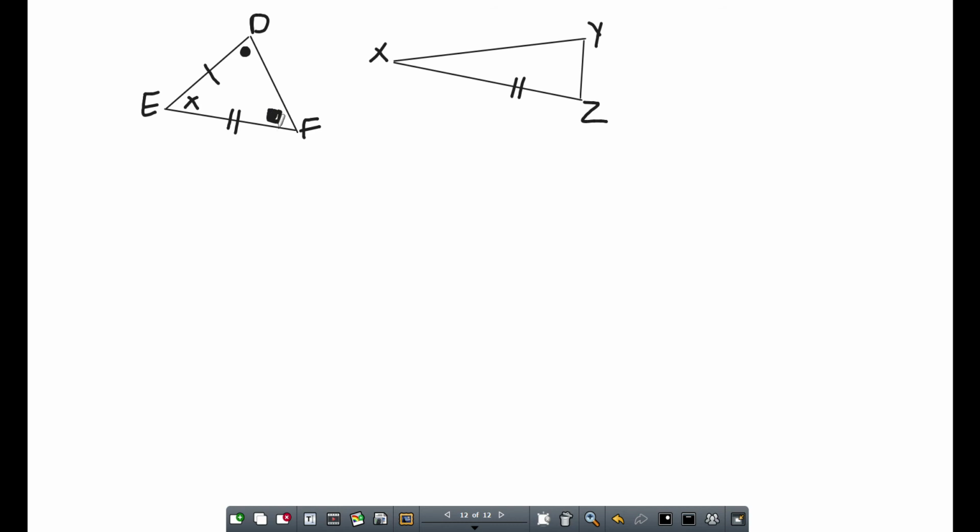Well, like daai vel is 'n vierkantjie, né? Okay. Laat ek hoor. Wie wil sê? Eerste sin? Waar begin ek? Wat is die heel eerste ding wat jy gaan skryf? Daar sê. En driehoek DEF en driehoek XYZ. Okay.